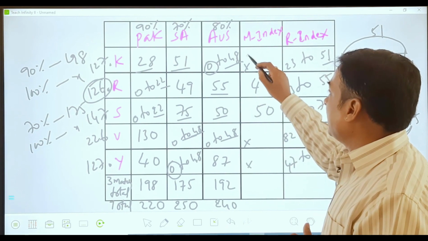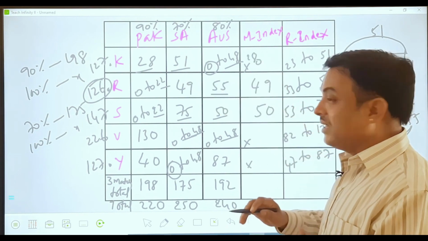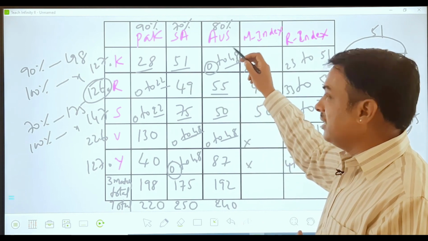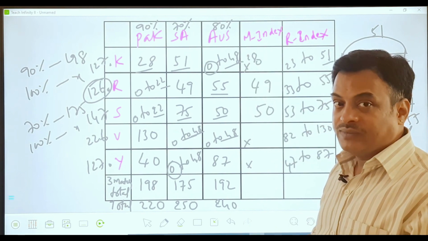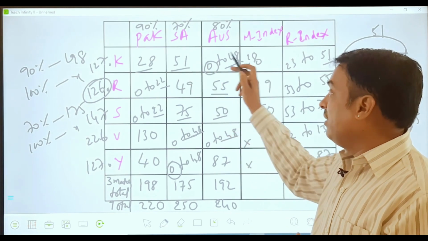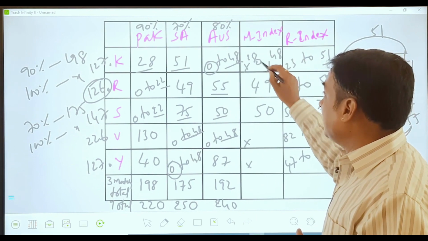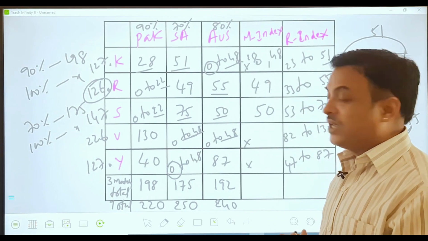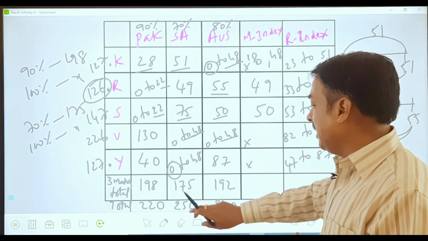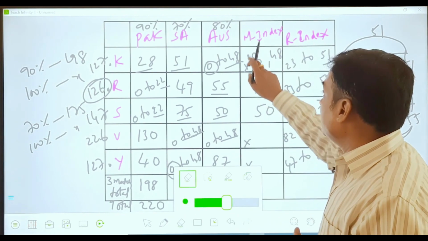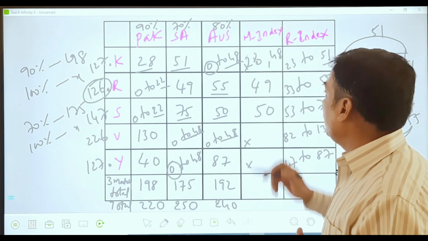Anything above 28, like 29, 30, 31, up to a maximum of 48. With 28, 51, 48, the middle one can be 48 at most. So I got a range here from 28 to 48.